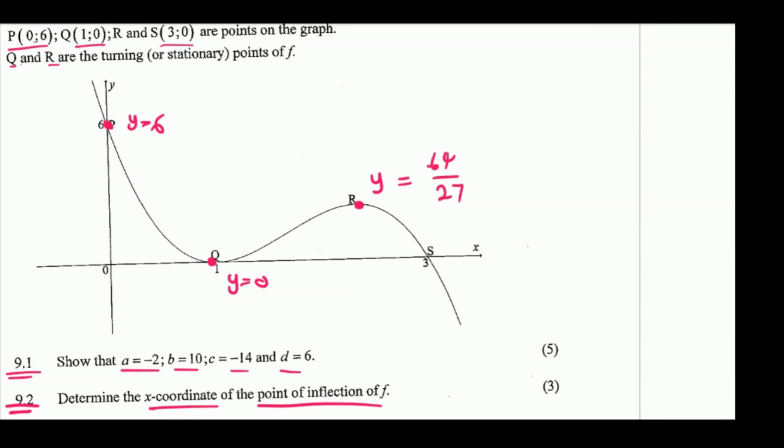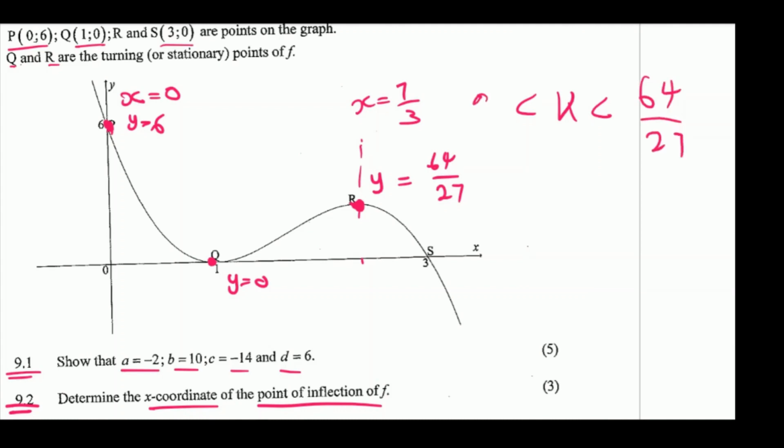So what are the values of k when we have 3 roots from this point up to the last point? So we need to identify the value of x at the first point, which is equal to 0, and at the last point x is equal to 7 over 3. So you can simply say that k must lie between 64 over 27 and 0.